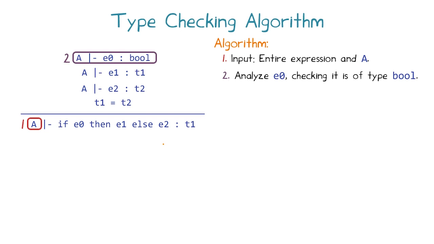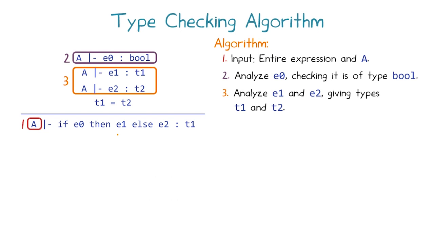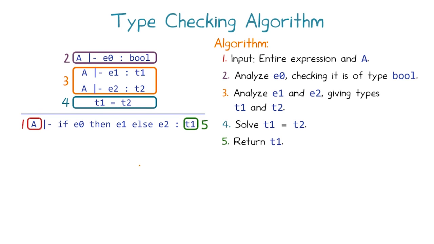If the schema is an inference rule schema, then the algorithm recursively calls this procedure on each hypothesis of the schema. Then the algorithm attempts to solve any side constraints. Finally, assuming that all the hypotheses correctly type check and the side constraints are satisfied, the algorithm returns the appropriate type for the entire expression.